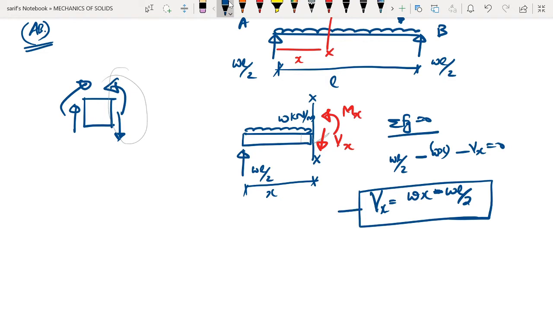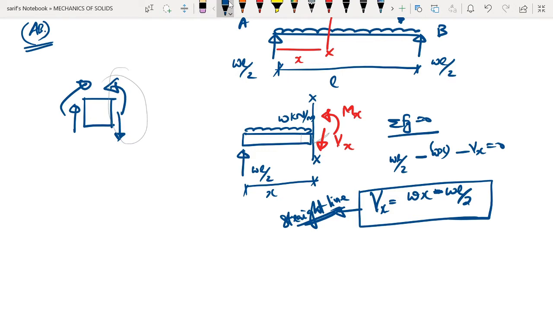Which means that when you draw the shear force diagram, it is going to be a straight line. It will be a straight line because you can see that this y is equal to mx plus c, that is the expression for a straight line. So it is of that nature, therefore you know that the shear force diagram is going to vary in a straight line fashion.